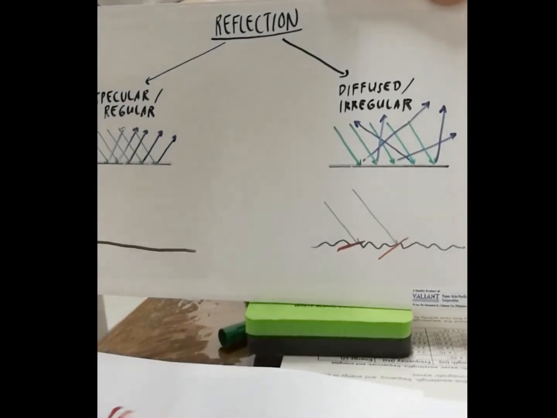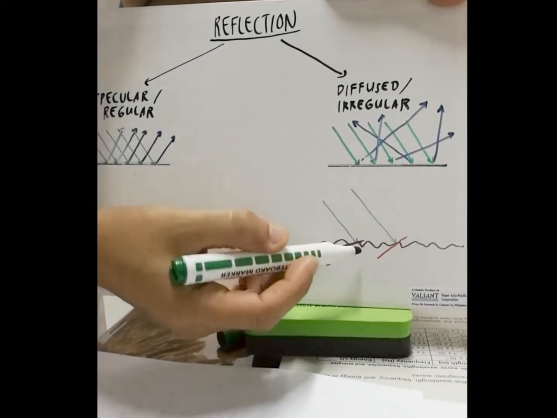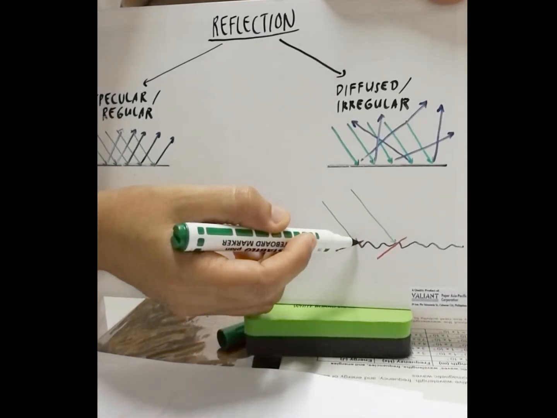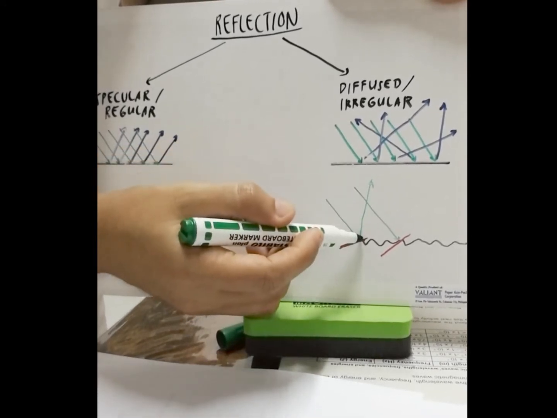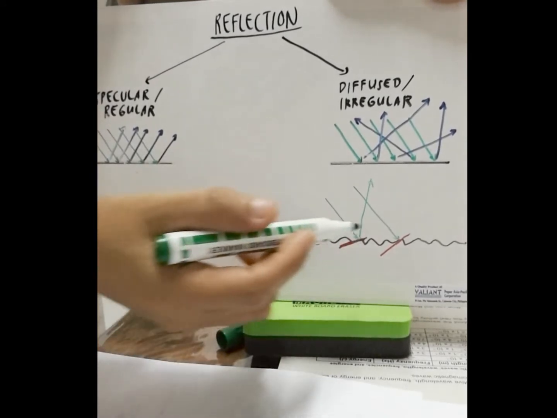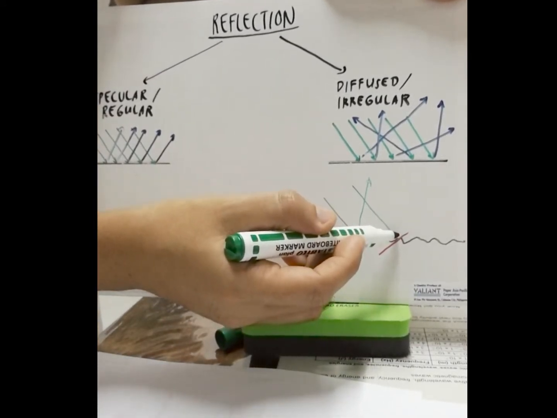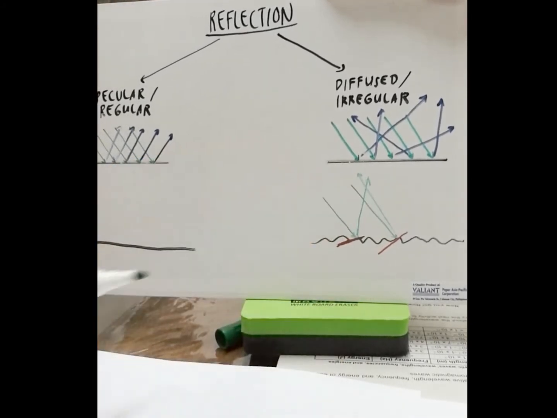So obviously, even if this light ray follows the law of reflection and is reflected at the same angle as what it forms when it hits, and this one also follows the law of reflection, the angles would not be the same.